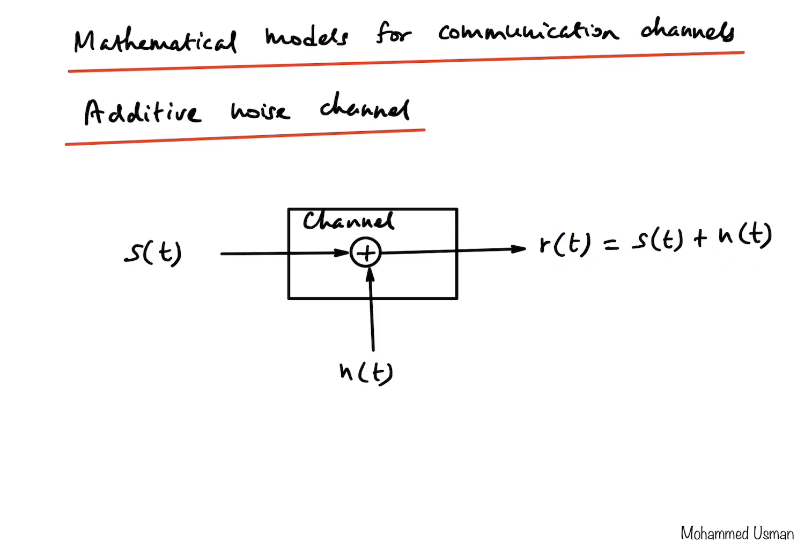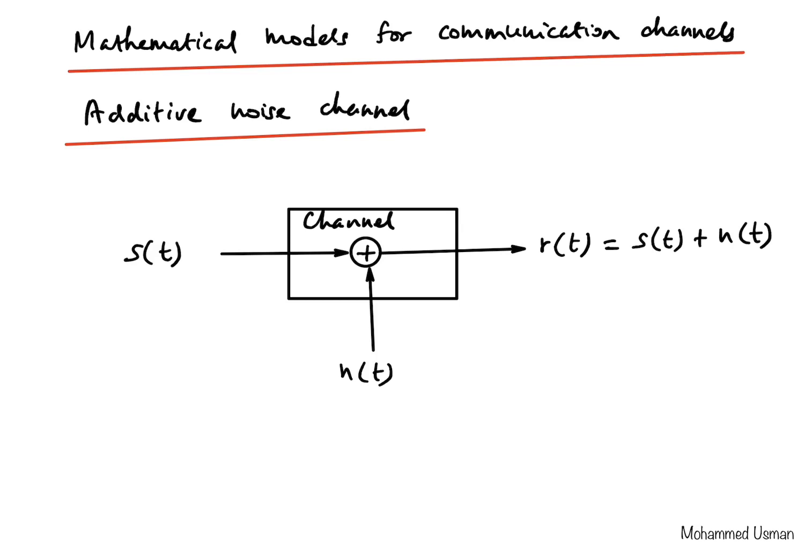So the received signal, if we call it R of t, is equal to the transmitted signal S of t plus the noise signal N of t. Okay, so that's the block diagram representation of the additive noise channel. And the mathematical model for this channel is simply going to be R of t equal to S of t plus N of t. And that's the most basic simple type of channel.